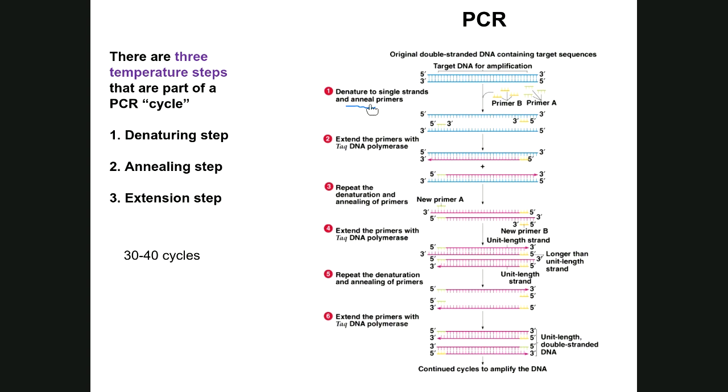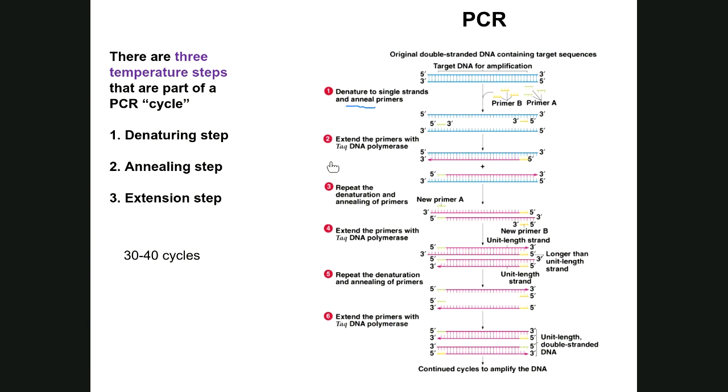The primers come in sets, so one primer binds to one single strand and another primer binds to the other strand, at opposite ends of the 2 single strands that make up your target DNA. So anneal just means the primer is attached to your target sequence.